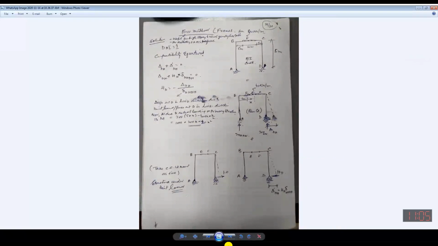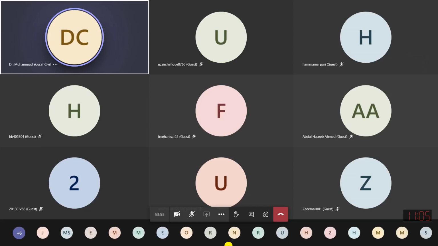Now there is another numerical. You can see it.